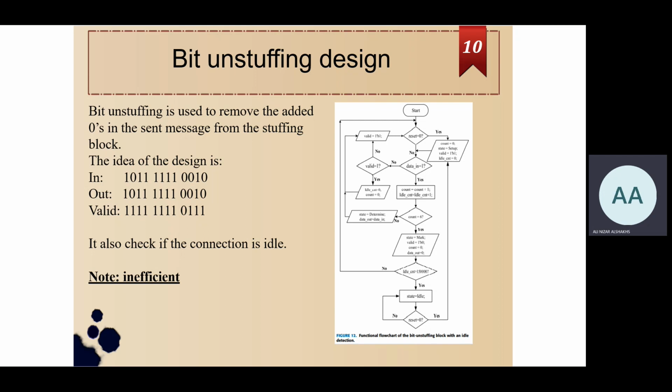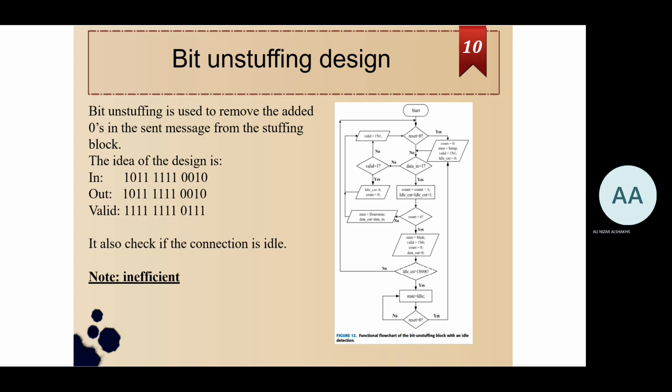This bit unstuffing design is on the receiver side. So we can't change the data in or data out. We will make them the same, but we will say that this data is valid and this data is invalid, and the out will be the in. That's what should have been done.